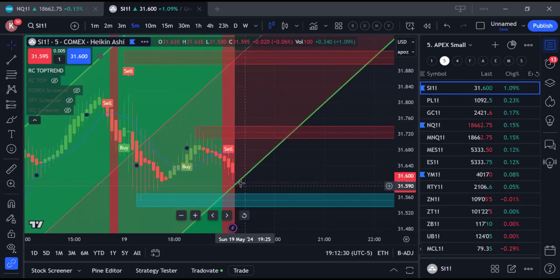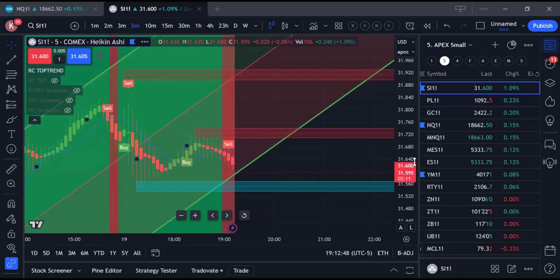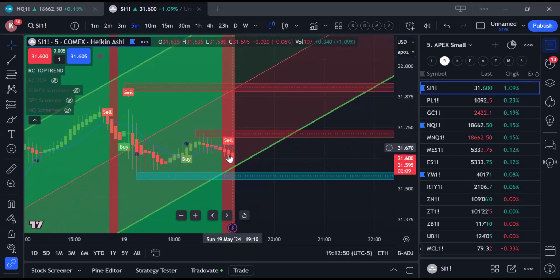For example, if we get a buy now, the red might be only for 3-4 candles. It may touch this and again we may see a green color. Then we will enter the buy signal. Whenever you see the opposite signal, you will just close the long position and wait for the next buy signal. We avoid the sell signals because the trend is bullish.